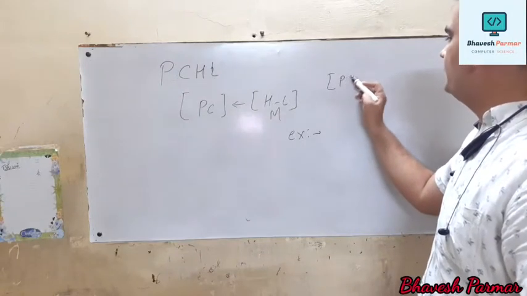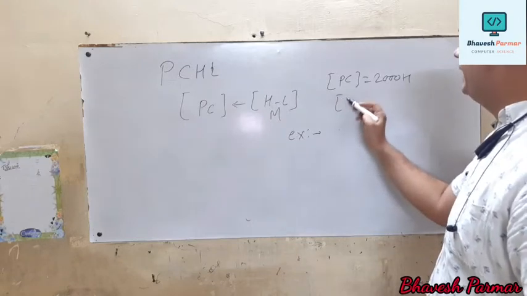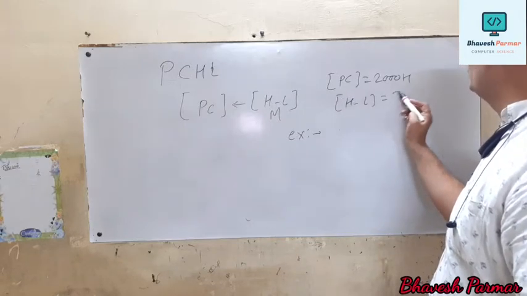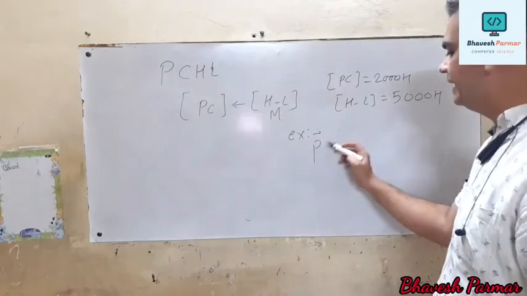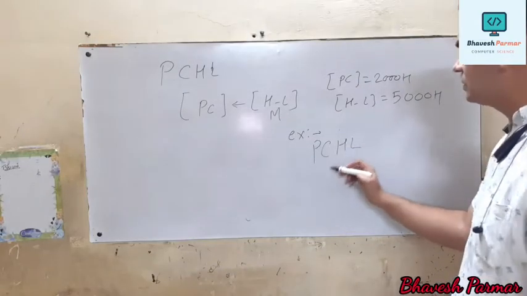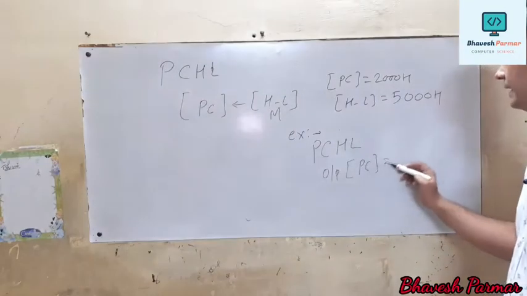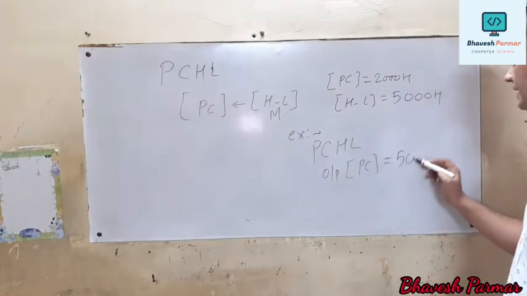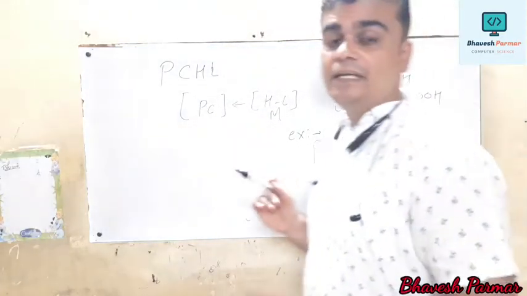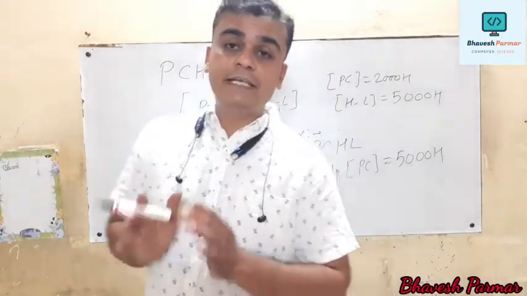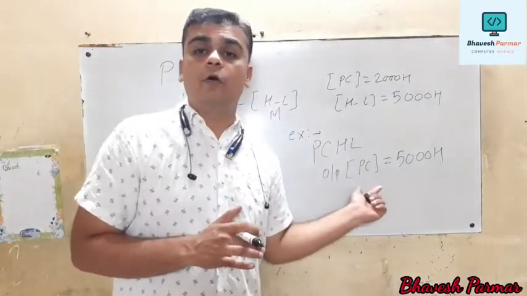Suppose my PC is equal to 2000H and my HL is equal to 5000H. If I write the PCHL instruction, then my output will be content of PC, that is the program counter, equal to 5000H. So in this way, the content of HL gets moved to the program counter, PC.